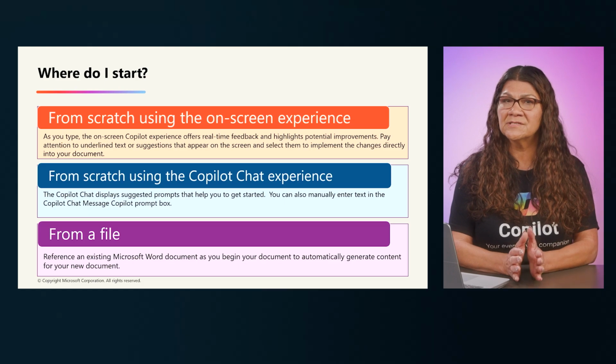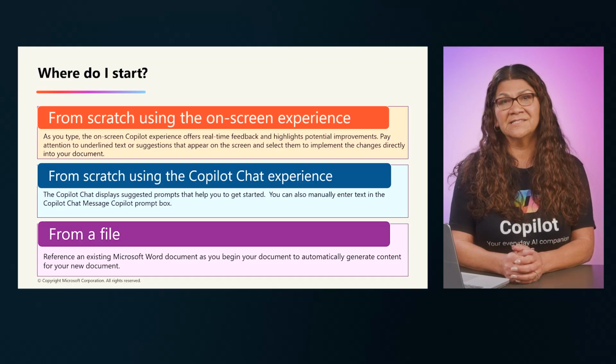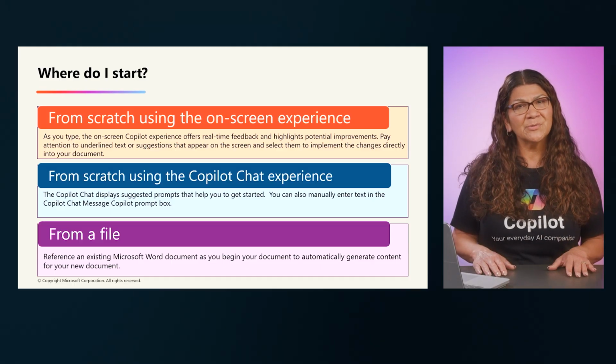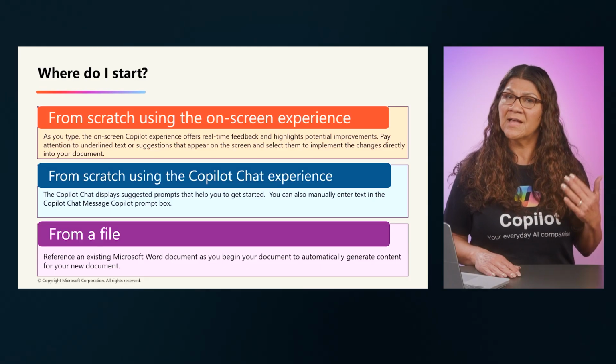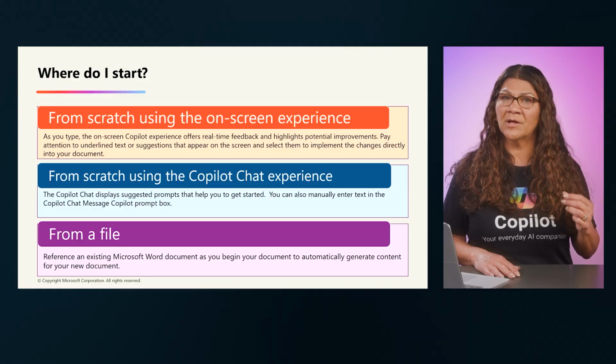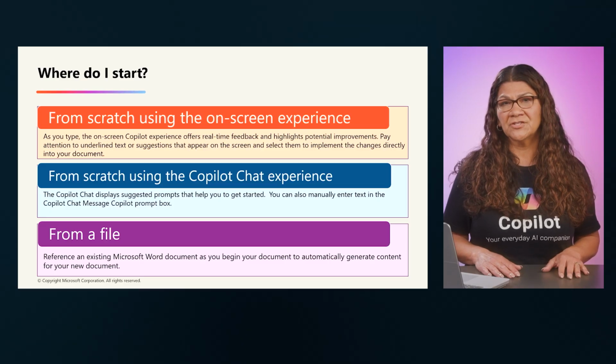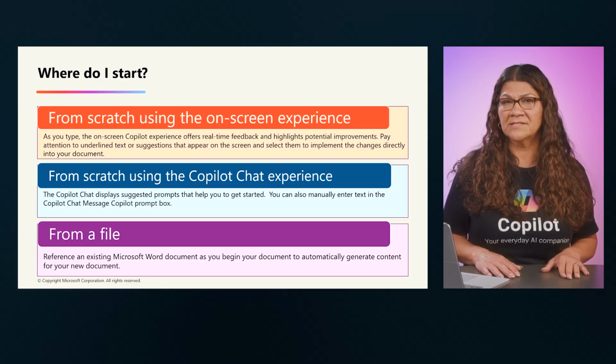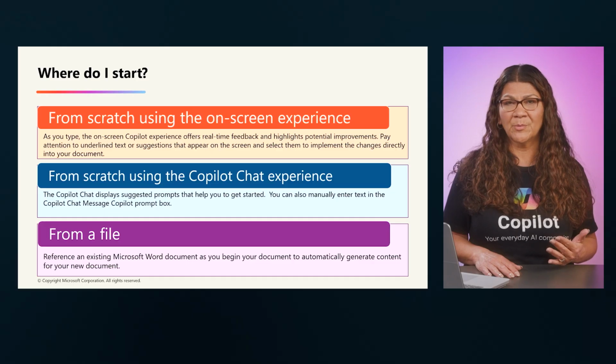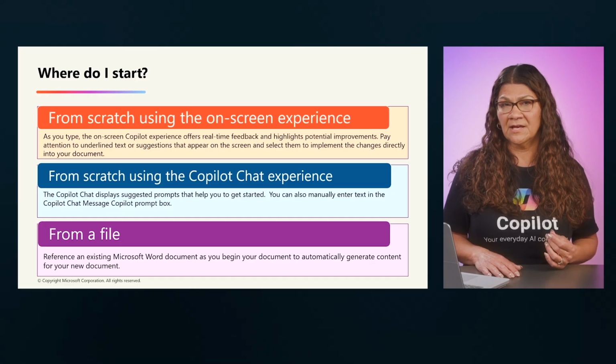Consider if choosing the right starting point can completely change the quality and speed of your draft, what possibilities open up when you pair that choice with a truly well-crafted prompt. Now, let's take a look at each of these 3 flexible entry points into drafting with Copilot in Word in more detail.